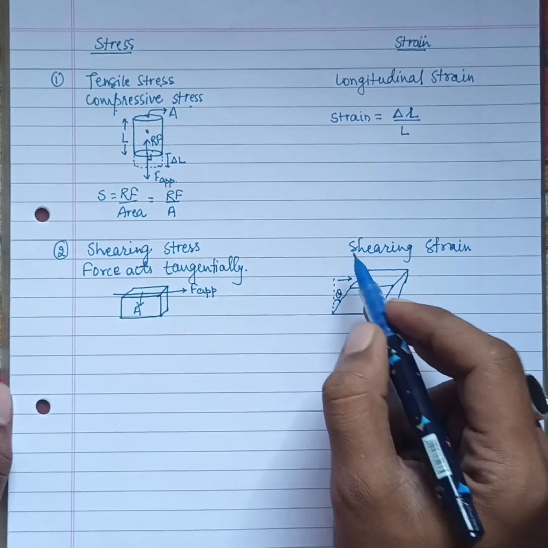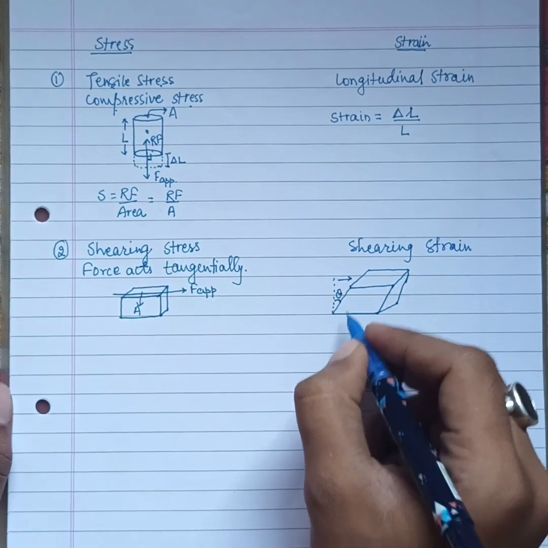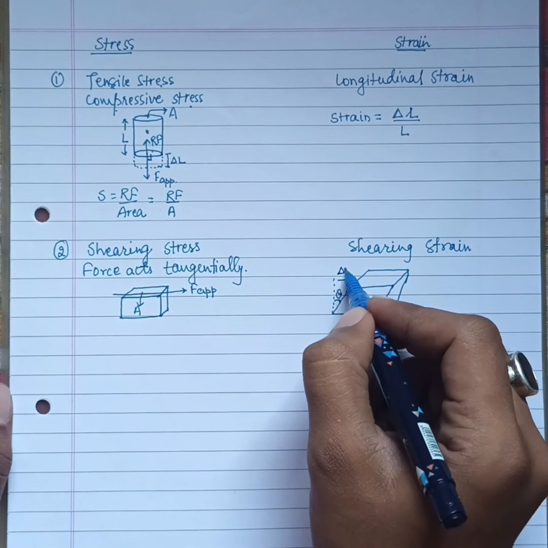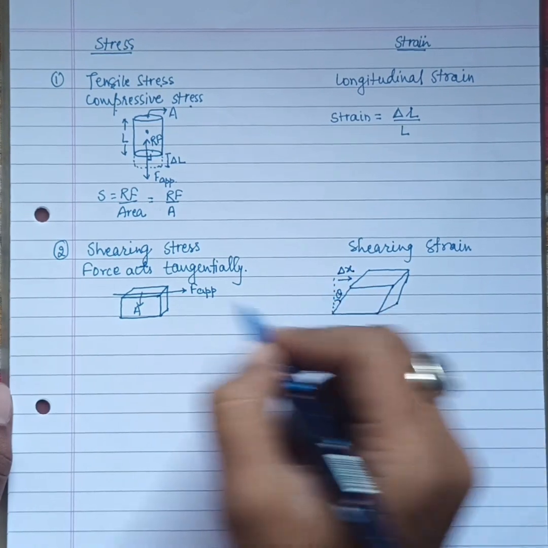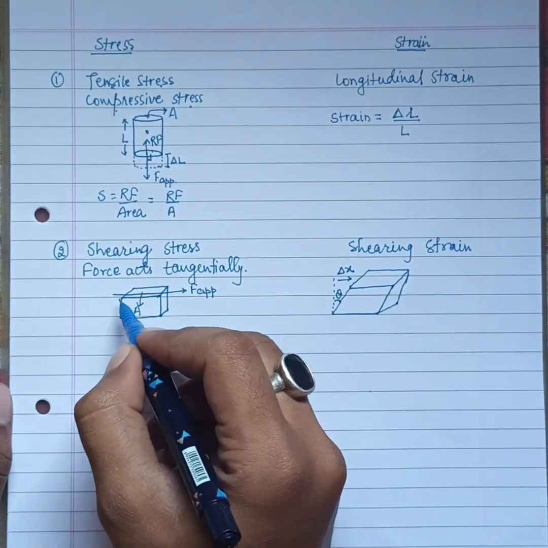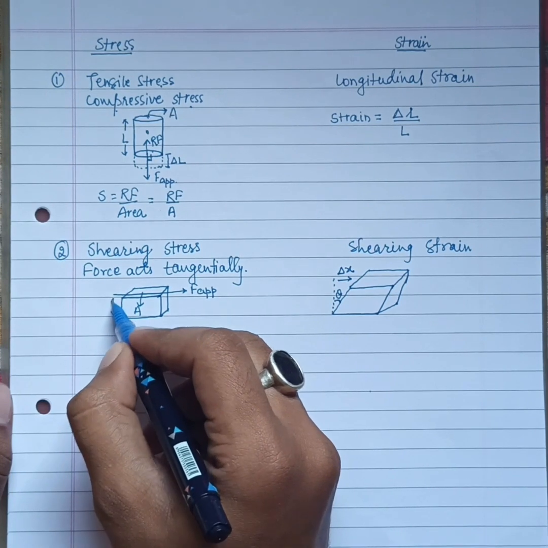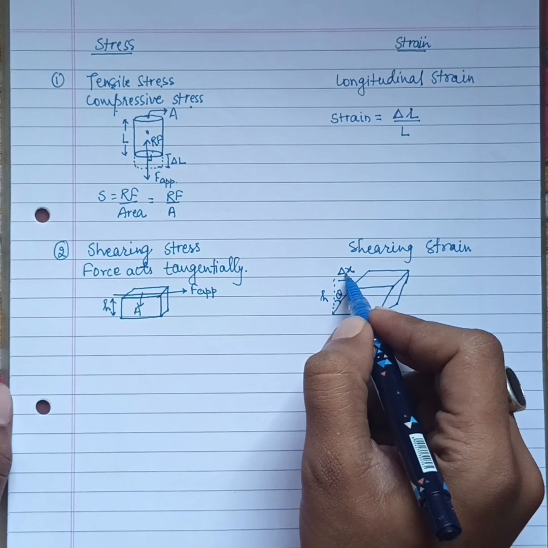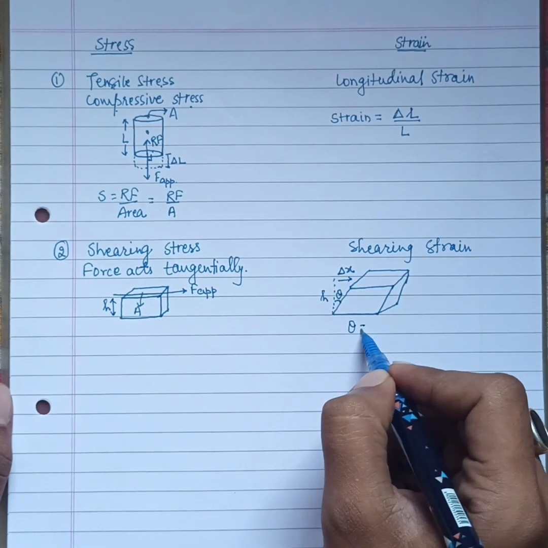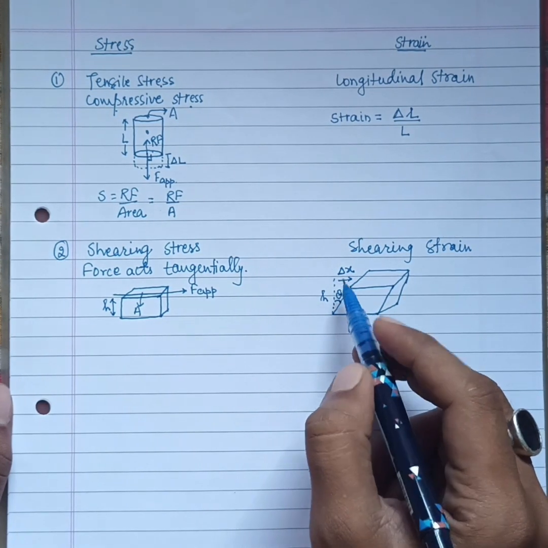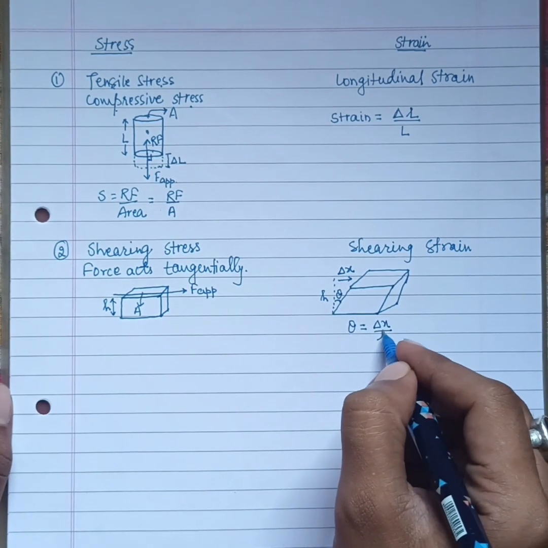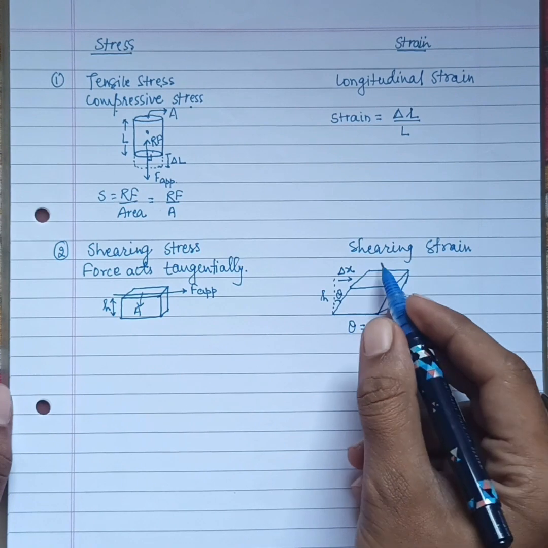We denote shearing strain with theta, and let us consider this length which has been displaced is delta x, and the length of the material is h. So shearing strain will be equal to, we know the formula, arc upon radius. Arc means delta x upon radius, that is h. So this is shearing strain.